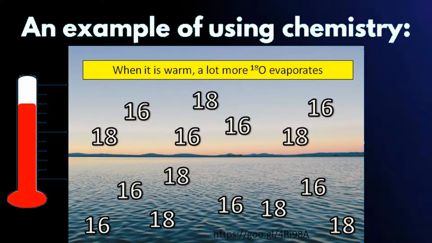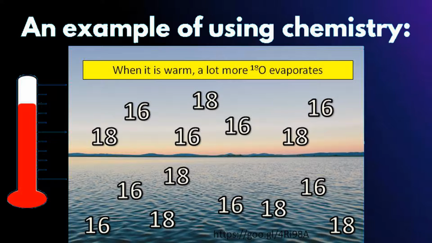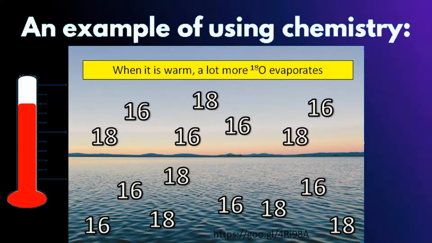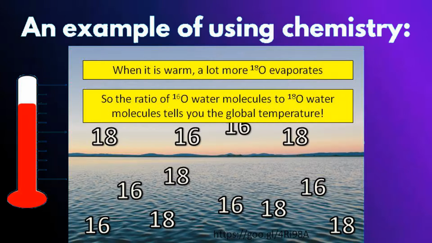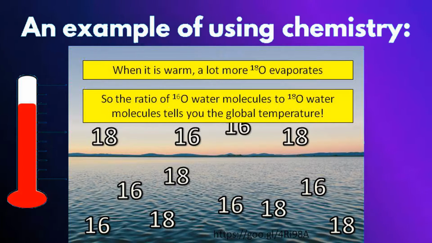Okay? But if I make the thermometer up there on the left side of the screen go up, so we're talking about a warmer situation, when it's warm, a lot more of the water containing oxygen-18 evaporates. So the temperature is what's going to be determining the ratio of water molecules containing oxygen-18 and water molecules containing oxygen-16 in the atmosphere.